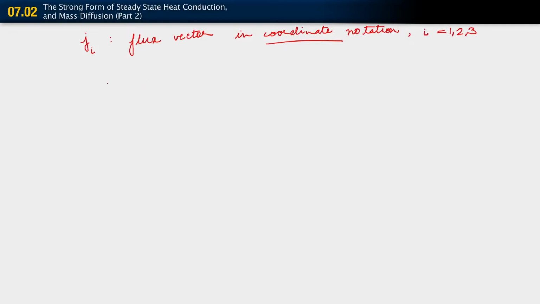All right, so then what we're saying is that J, if we wanted to write the vector in so-called direct notation, J is just the collection J1, J2, J3. This is what we call direct notation.